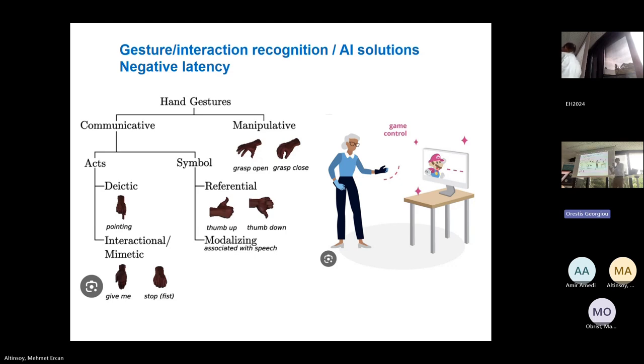It means some kind of negative latency to understand the actual intention of the user. Therefore, we develop different sensor systems to understand movement or gestures, and therefore deliver the signals beforehand.